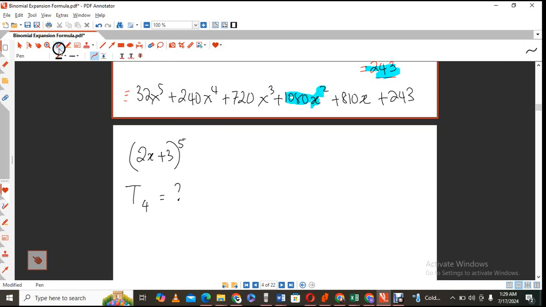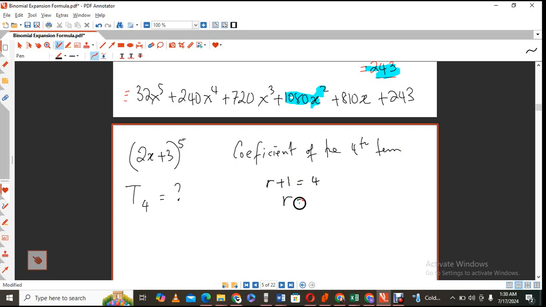So let's say I'm looking for the coefficient of the fourth term. Okay, and what did we say? If you have r plus 1 equals 4, and our r is 1 less than that, our r is equal to 3. So I'm going to start off and say 5 choose 3.